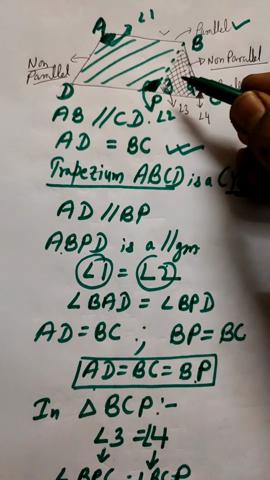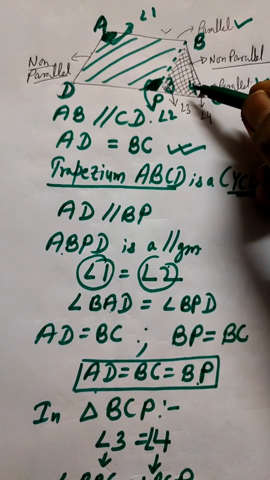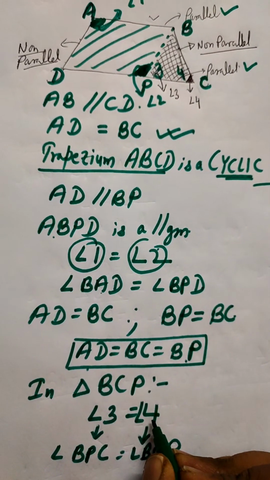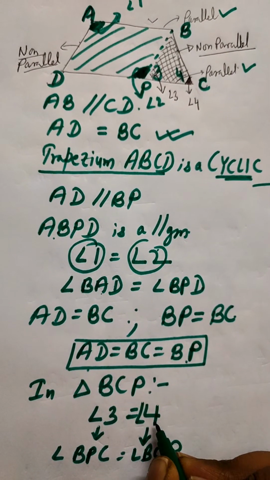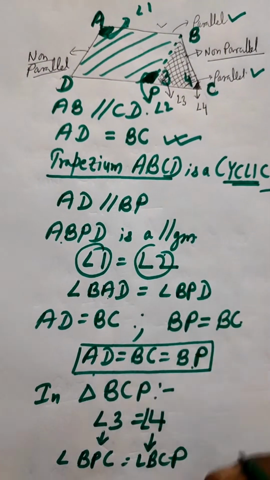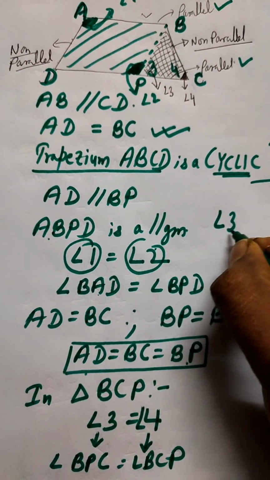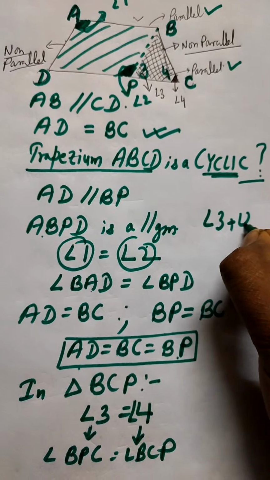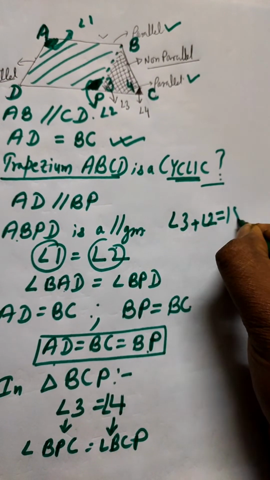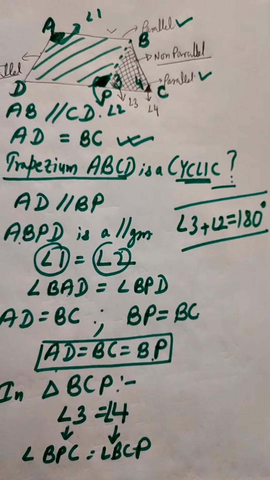So we can see that these two angles are equal. Angle 3 is equal to angle 4, and we have already proved angle 1 is equal to angle 2, right? And we also know that angle 3 and angle 2, the sum of these both angles will come as 180 degrees. How do you know it?